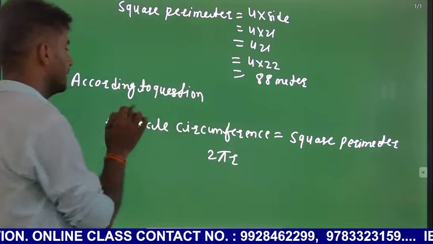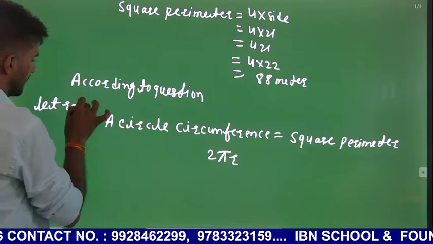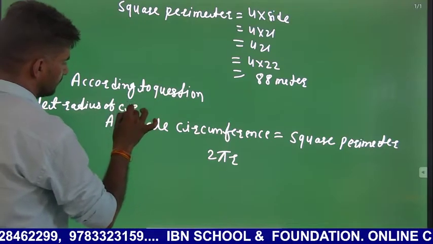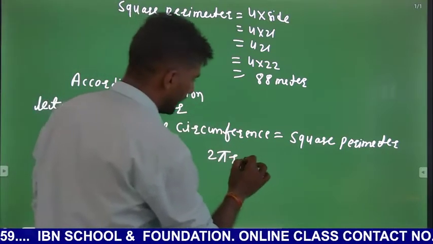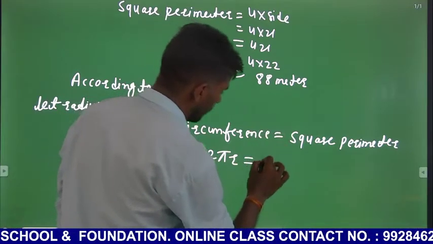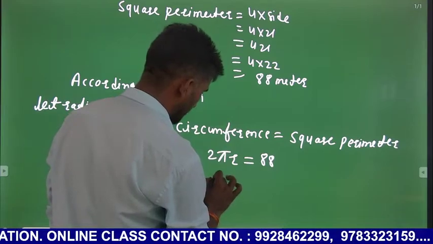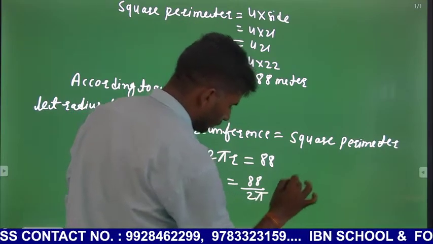Let the radius of the circle be r. Then 2 pi r is equal to 88, and r is equal to 88 upon 2 pi.